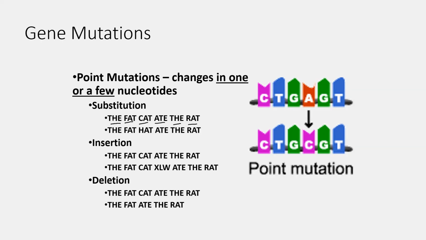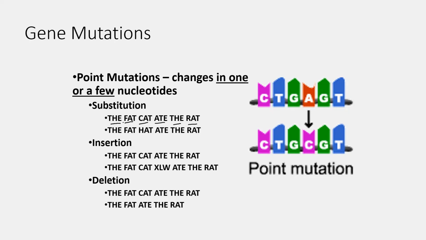So the idea here is that when you take your original sentence, which is in the form of triplets, and you read the sentence, the fat cat ate the rat, the sentence makes sense. You get understanding from the sentence. So this is the equivalent of you making a protein from this section of DNA, and the protein functions perfectly, right? You have full understanding.